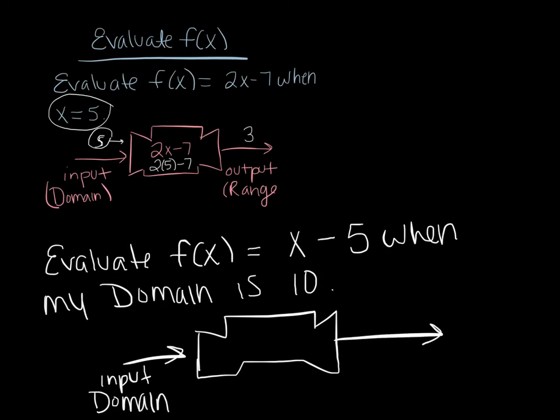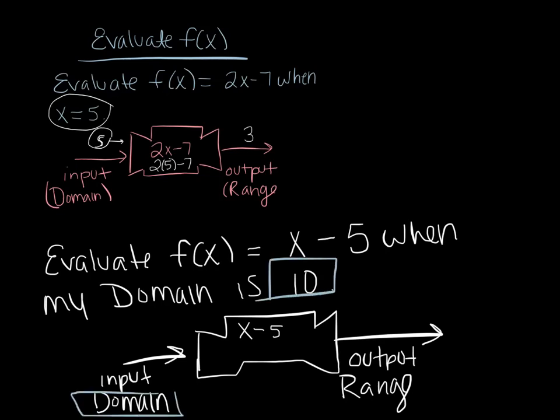And I'm going to draw my output. And that's my range. Inside the machine, I put the function. My domain is my input. It's also here, so I'm going to put 10. My function is x minus 5. So now I'm going to plug in 10 for x. So I'm going to write 10 minus 5. And my output is 5. And that's it.